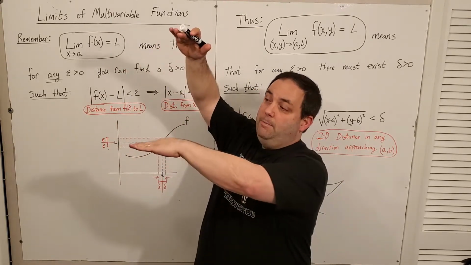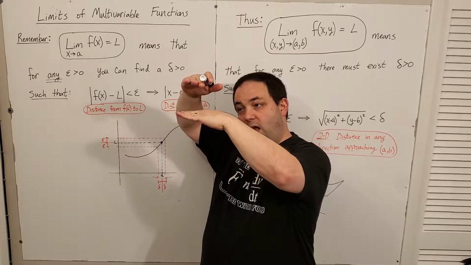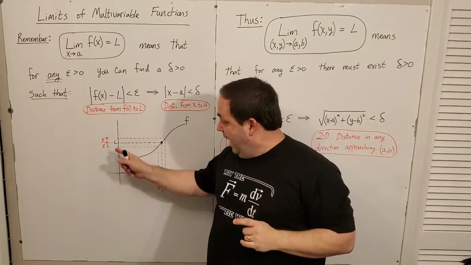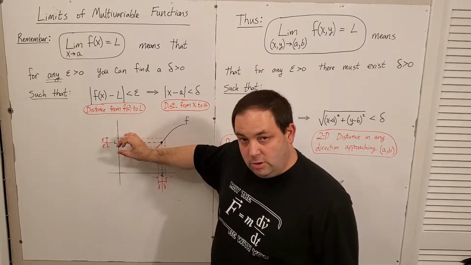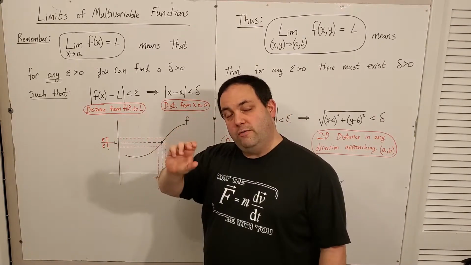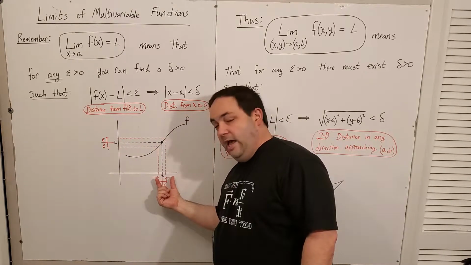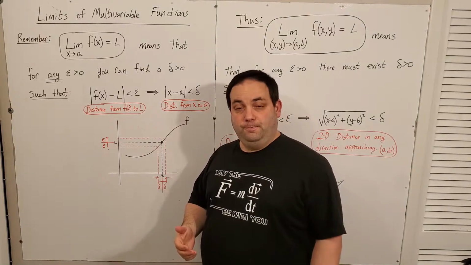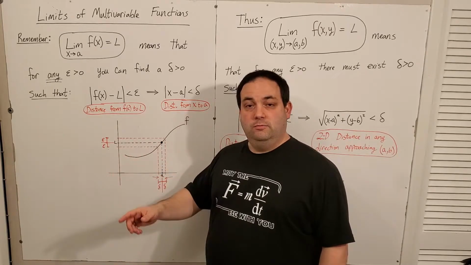If I let my sights hone in one size at a time, if I keep decreasing and getting closer to an output value here, I keep letting epsilon get closer and closer and closer, and for every single one of those epsilon sizes, I can find a delta size, and they always include the A value. Then that means that is the actual limiting value, right?